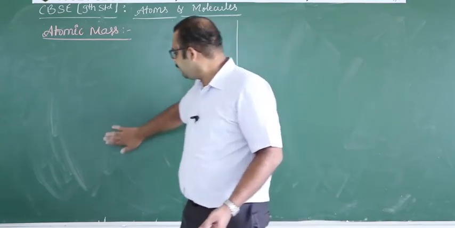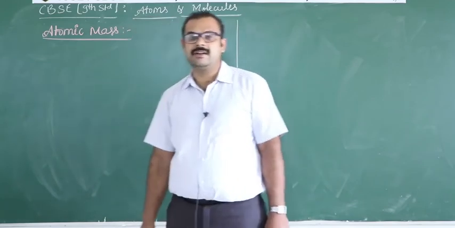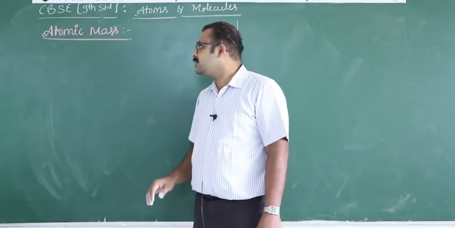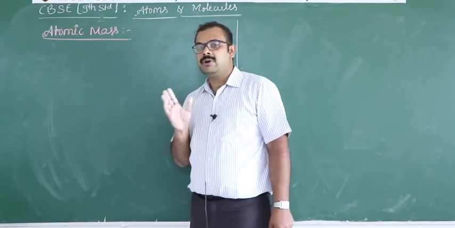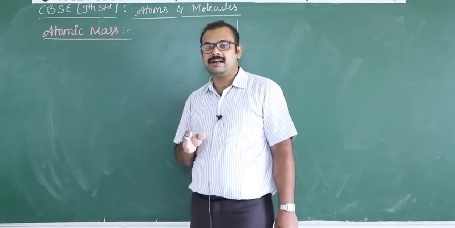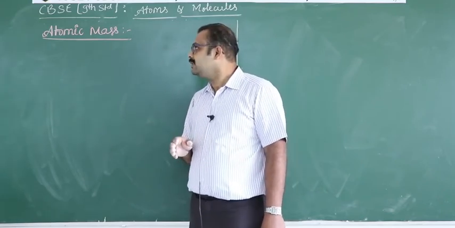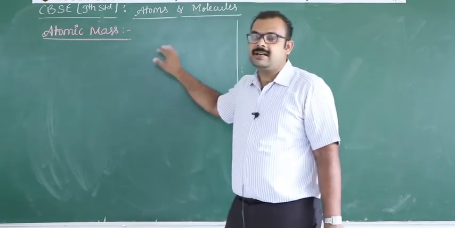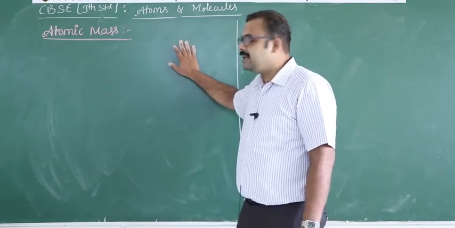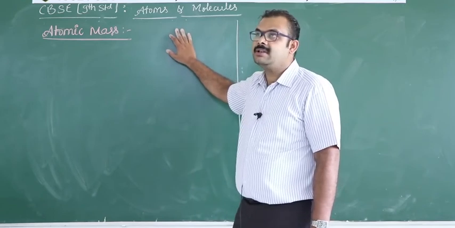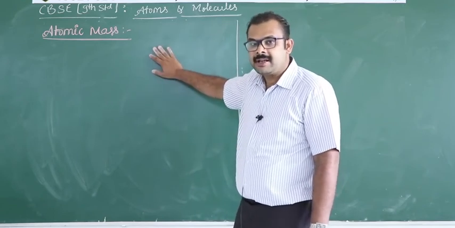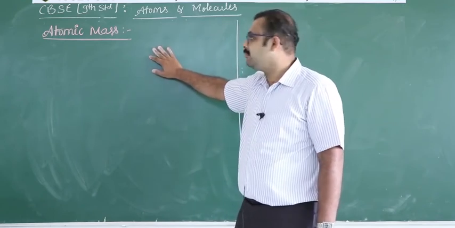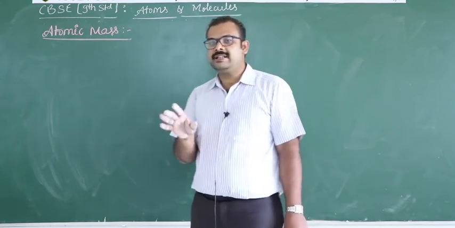But we had to measure the mass of an atom, so this concept of calculating the mass of an atom came. In the beginning, the scientists chose the hydrogen atom as a standard mass, because we need some standard mass.